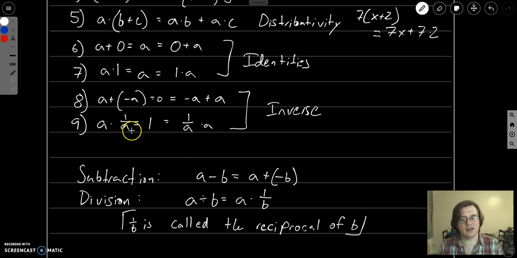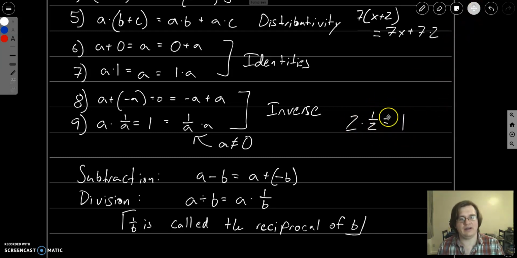Multiplying by a and multiplying by 1 over a will cancel one another out. Keep in mind that here a can't be 0 because we can't divide by 0. So these are some good properties of multiplication and addition to keep in mind. For instance, in this last one, we know that 2 times 1/2 is 2 times its inverse, and they're going to cancel out, and I'm just going to get 1.